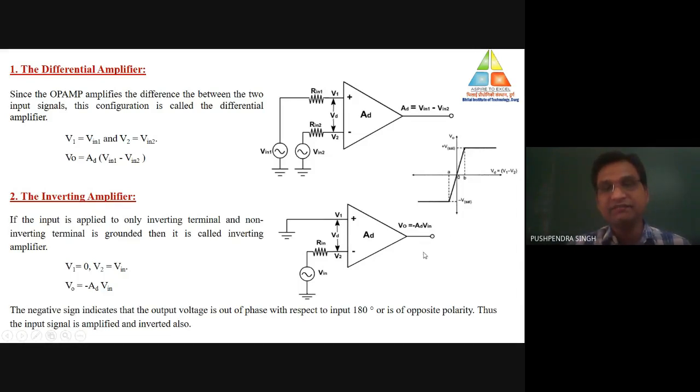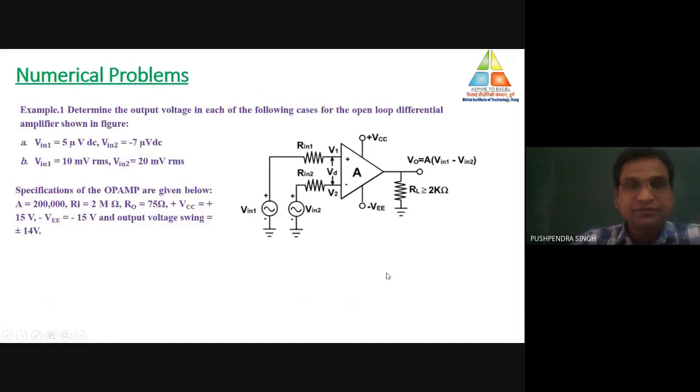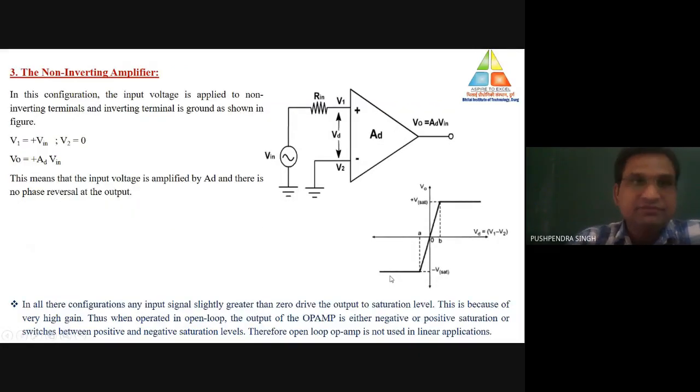By connecting the feedback between output and this positive terminal, the circuit will work with positive feedback. And if the feedback element is connected between the output terminal and the negative terminal, that is negative feedback.